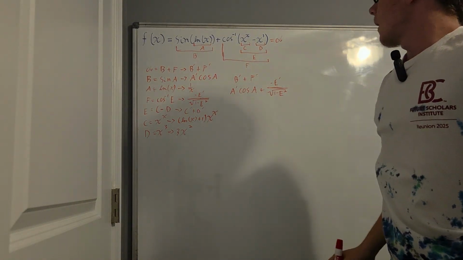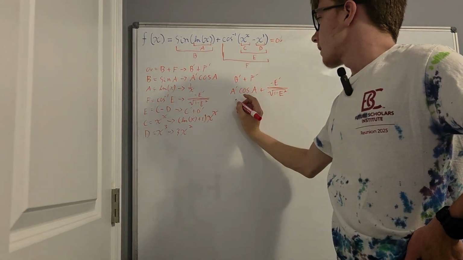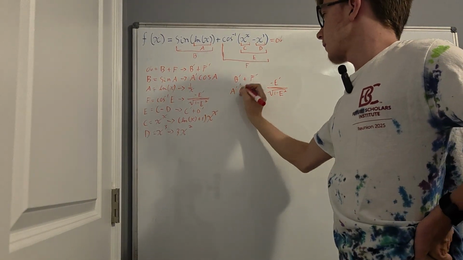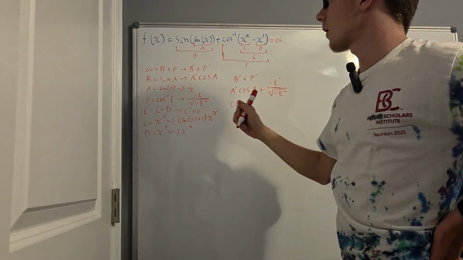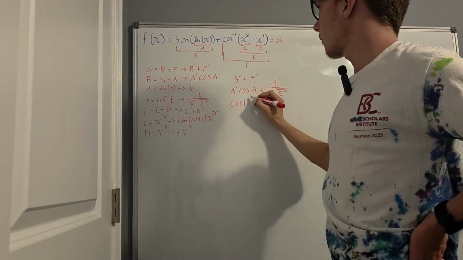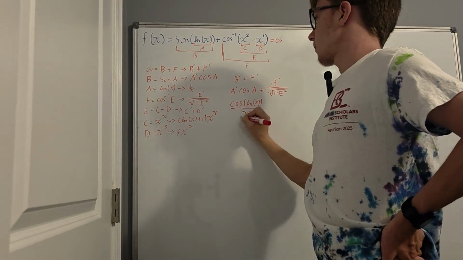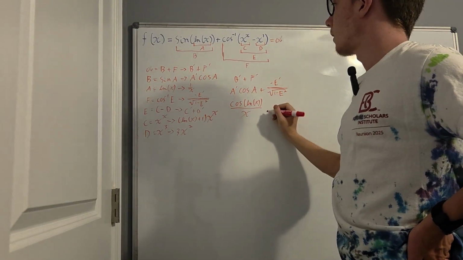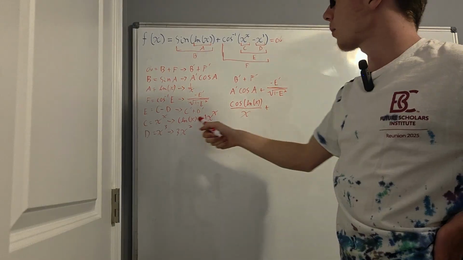Okay. And I'm just going to keep going. What is a prime? We get 1 over x. And I'm going to put cosine of a in the numerator. A is ln of x, so we get cosine of ln of x over x, because remember we have to multiply by a prime. Plus negative e prime.